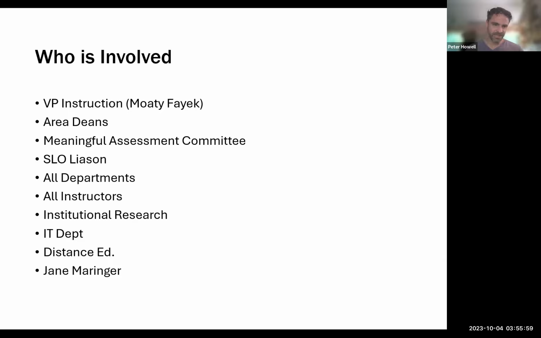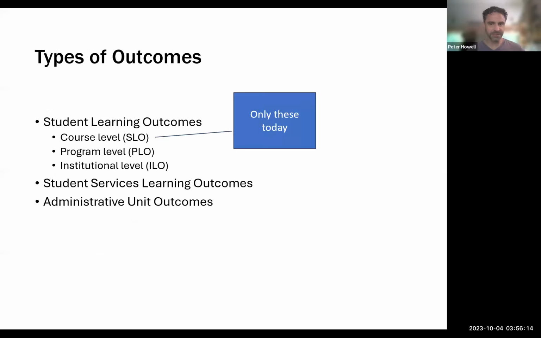And they're supported by the IT department and distance ed, who are connecting puzzle pieces, and Jane Maringer has just been integral to everything, although I don't know exactly why it ended up being her, but she's really kept it above water. There's all these things. I'm only going to talk about SLOs. I only have a vague idea of how these other things are supposed to work, so just to head off that discussion.